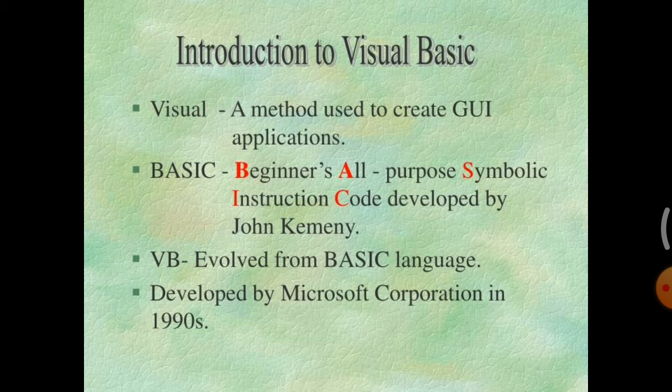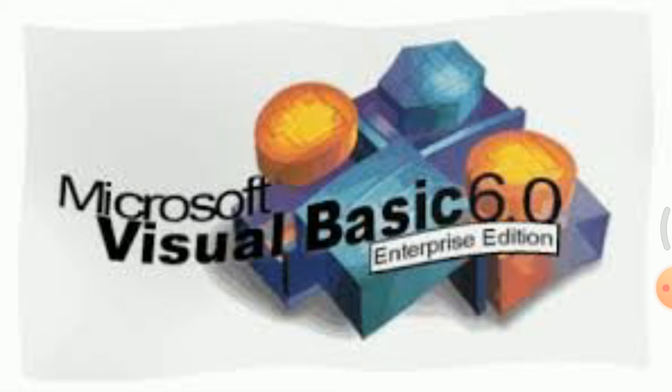So Visual means a method used to create GUI applications, and Basic is another high level programming language. From these two we created the name Visual Basic. So it evolved from the Basic language. It was developed by Microsoft in the 1990s. Now we are studying the Visual Basic 6.0 version.